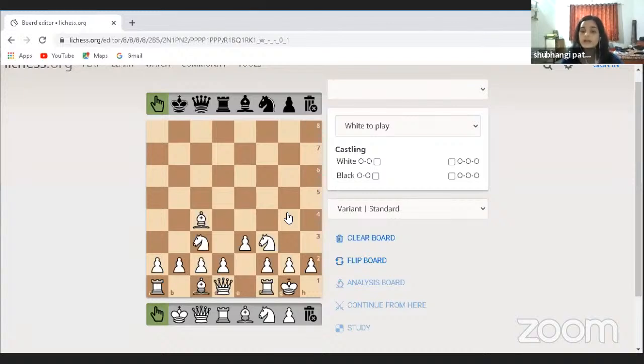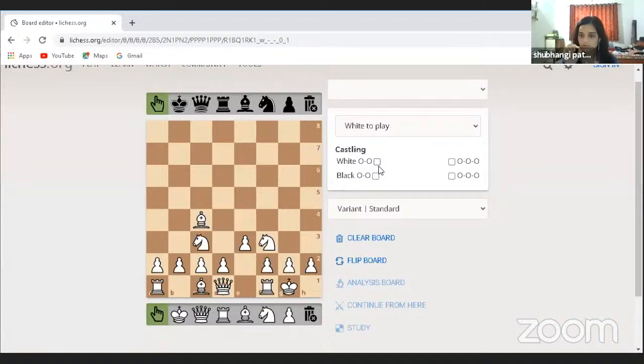So how do we write them? Short castle is written like this: 0-0. You can see on the board, see my arrow, 0-0. This is how we write short castle.